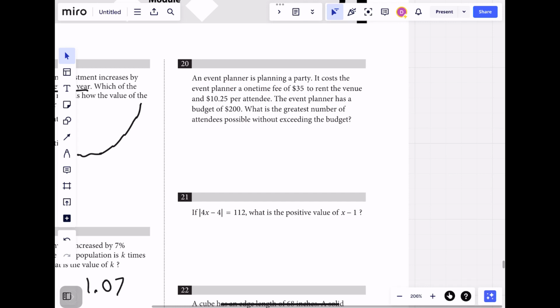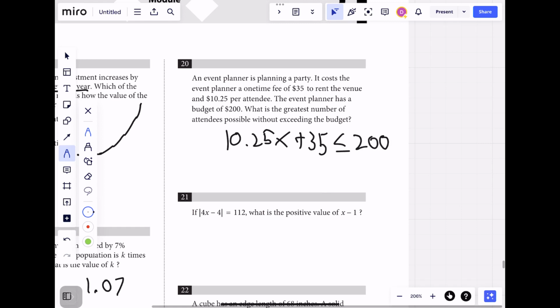An event planner is planning a party. It costs the event planner a one-time fee of $35 to rent the venue and $10.25 per attendee. The event planner has a budget of $200. What's the greatest number of attendees possible without exceeding the budget? So it's going to be 10.25x plus 35 is less than or equal to 200.